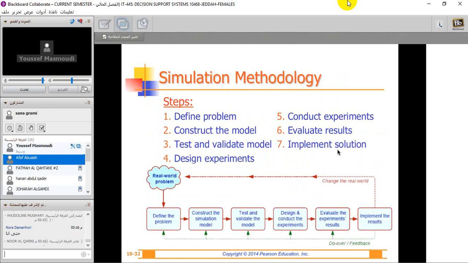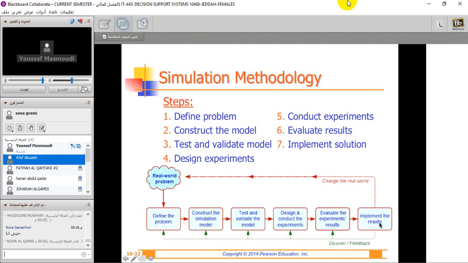Simulation methodology. These steps are fine. 1. Define the problem. 2. Construct the model. 3. Test and validate the model. 4. Design experiments. 5. Conduct experiments. 6. Evaluate the results. And 7. Implement the solution. And here you have the process.